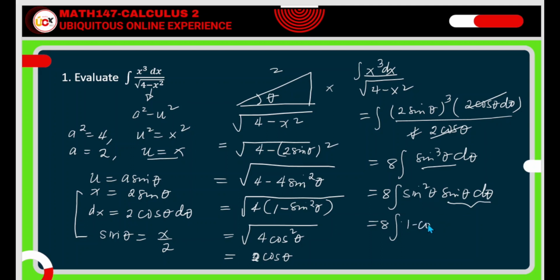So we have 1 minus cosine squared theta times sine theta d theta. Then by the distributive property, this can be written as 8 times 1 times sine theta d theta, minus 8 times cosine squared theta sine theta d theta.